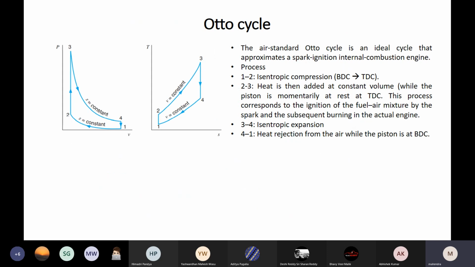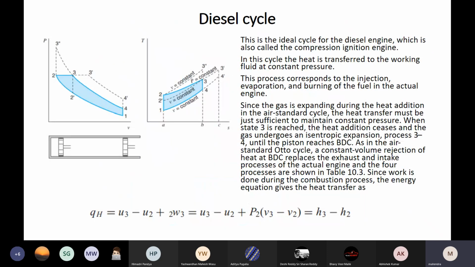Now, after discussing certain terminologies, let us move to the different types of cycles we have. We have the Otto cycle, diesel cycle, and dual cycle.